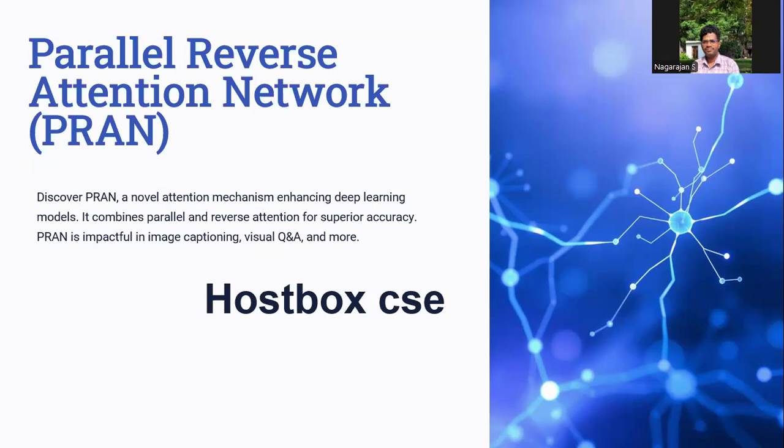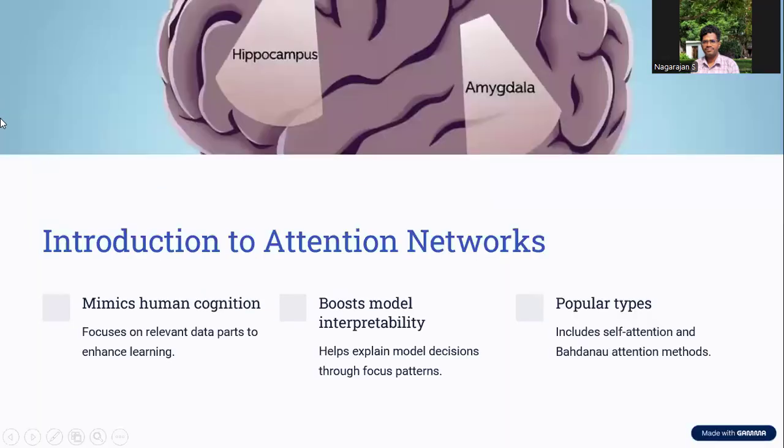It's one of the successful deep learning architectures and models utilized for medical image segmentation. If you want to understand this attention mechanism, we have to consider these points: it mimics human thinking and boosts model interpretability.